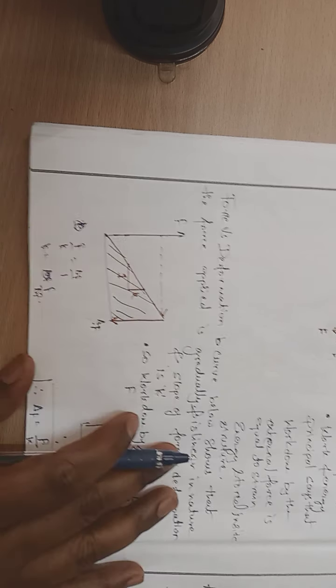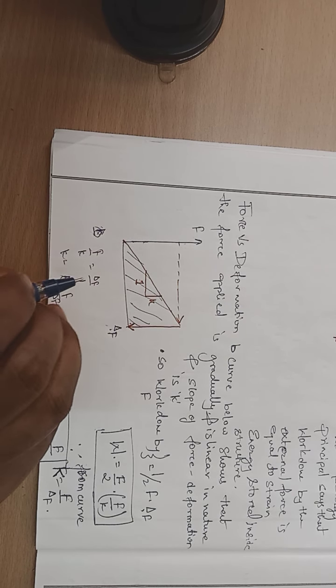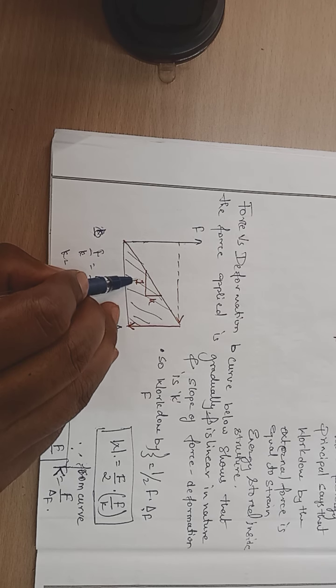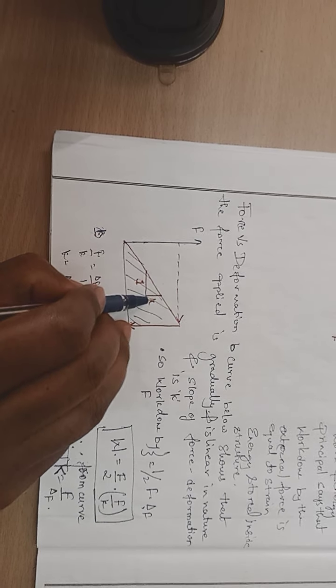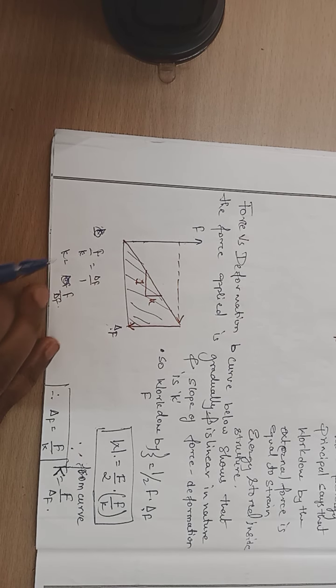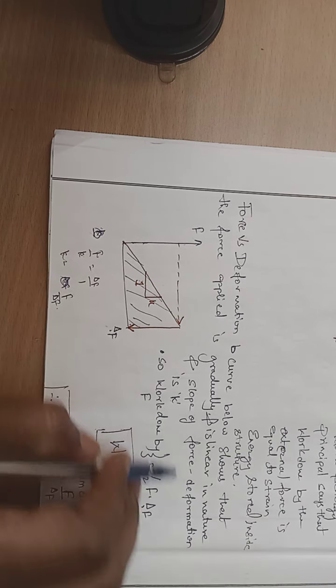From the bigger triangle to the smaller triangle, F by K is nothing but delta F by 1. Taking K to the other side, the slope of the force deformation curve K is equal to force F divided by delta F.